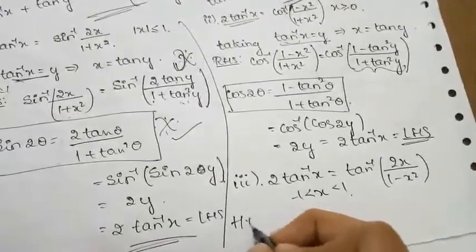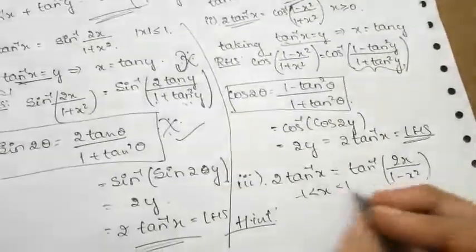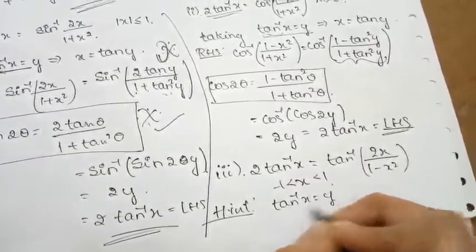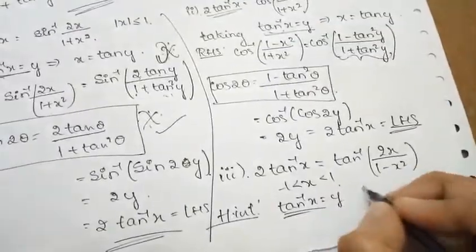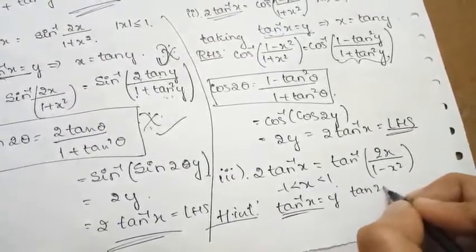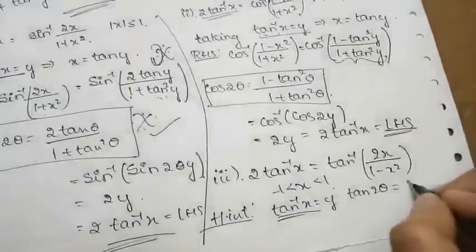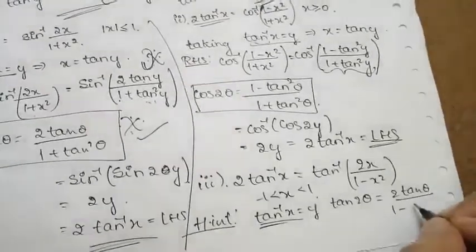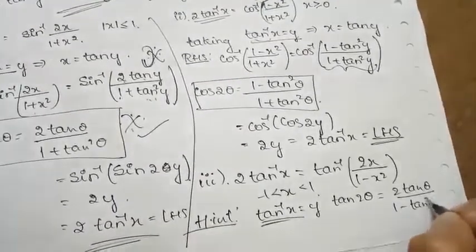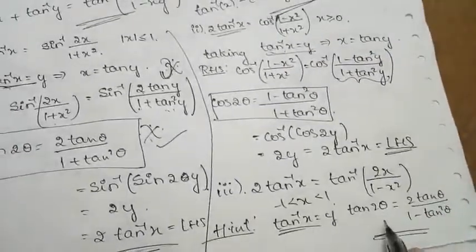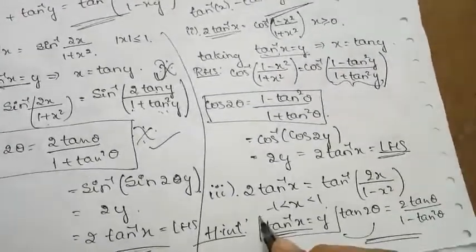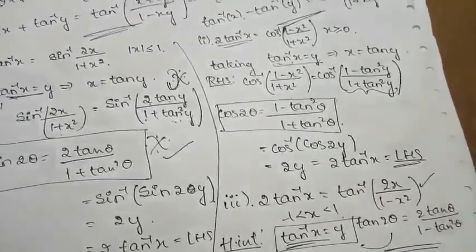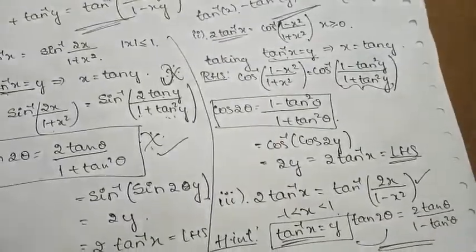So the hint to solve this one is taking tan inverse of x is equal to y, and with the property, that is tan 2 theta is equal to 2 tan theta divided by (1 minus tan square theta). By using this property and by taking tan inverse of x is equal to y, we can prove this identity or this property.